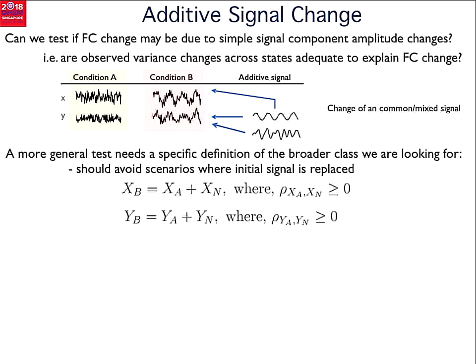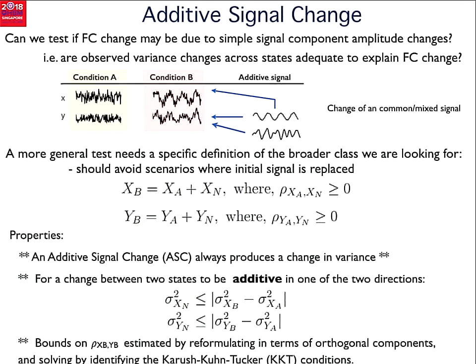This is defined quite simply: the additional signal here can be any type of signal, as long as it is not negatively correlated with the initial signal. That particular constraint on this change between two conditions ensures that this class of signal change always produces a change in variance. So you always see variance changes if there's an additive signal change.